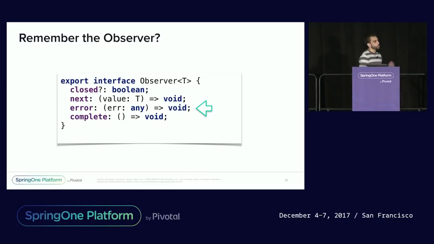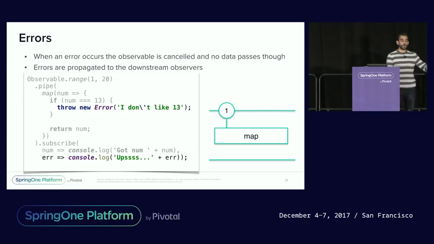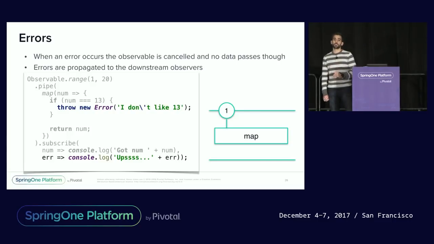If you remember the observer that we have seen, we had an error callback, which you can implement. So when we subscribe, we have the next callback plus the error callback. When the error is thrown, the error callback will be executed.